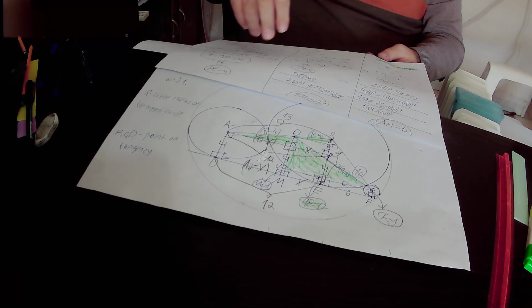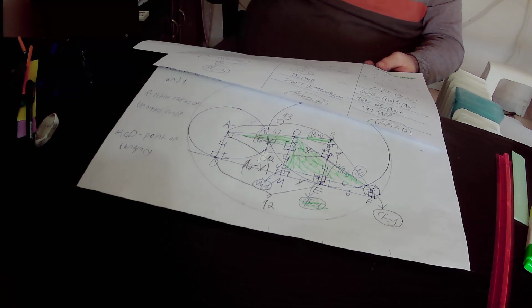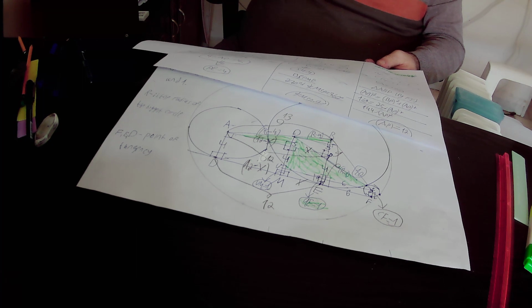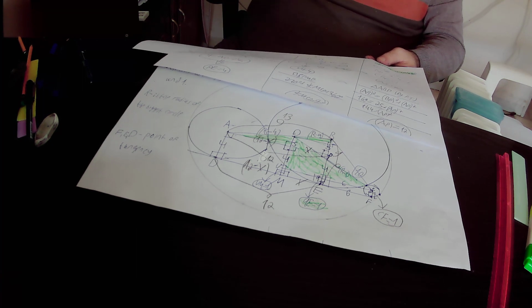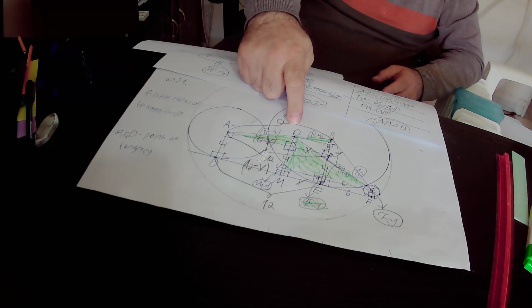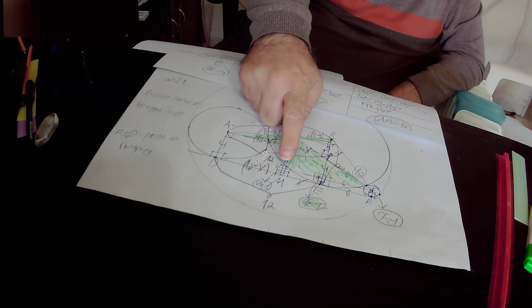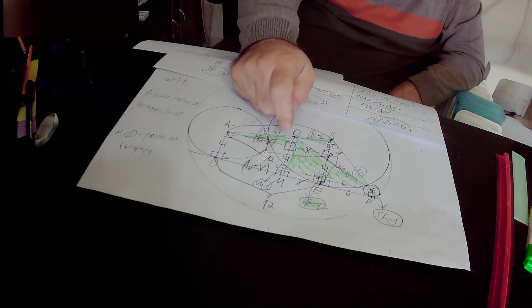Then we focused on a new quadrilateral. But before that, from point O, we draw a perpendicular to DE. So this angle equals 90 degrees and this angle equals 90 degrees.